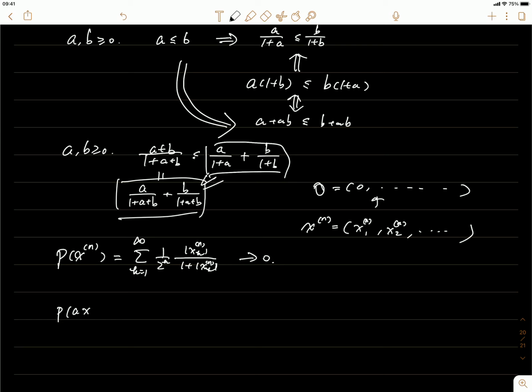Apparently I just need to multiply a to each component, at each term. So when I multiply that, I will get this. The question is, if I have this goes to 0, can I show that this also goes to 0 for any fixed a?